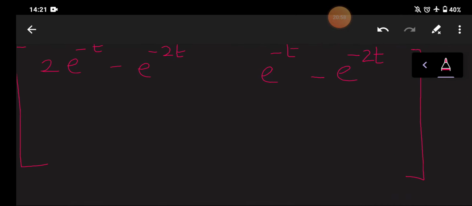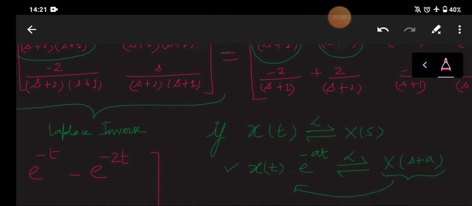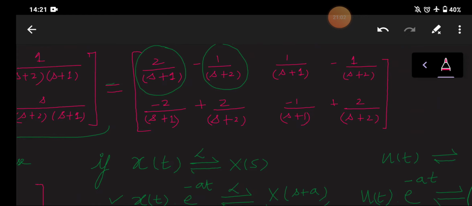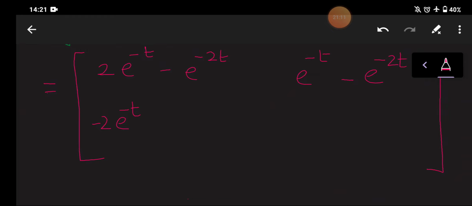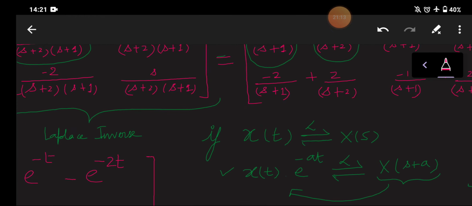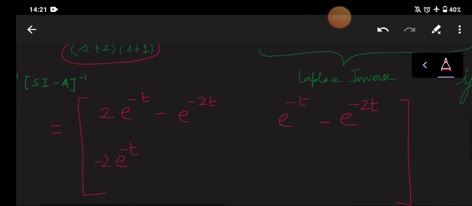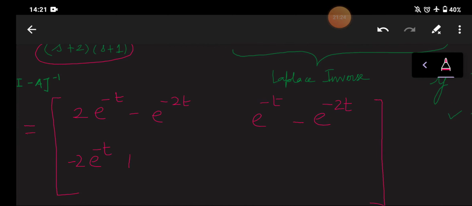For the next term, minus 2 divided by s plus 1, that is minus 2 e to the power minus t. Then the term is plus 2 divided by s plus 2, that is plus 2 e to the power minus 2t.